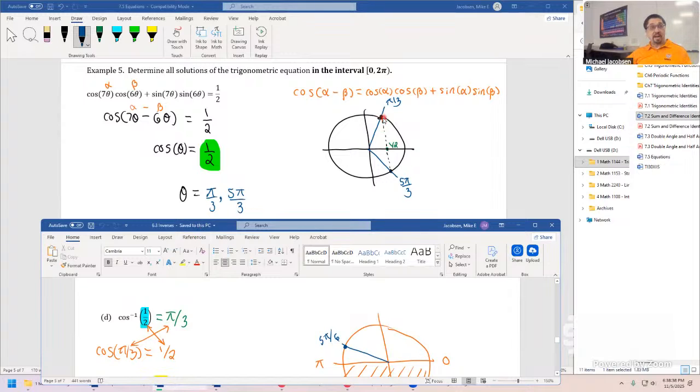If you had that one solution, pi/3, you need to use some method to get the other solution, 5pi/3. Those are the things we're going to be looking into with the next two sets, where we really do have to use an inverse function and find all the angles in 0 to 2 pi.